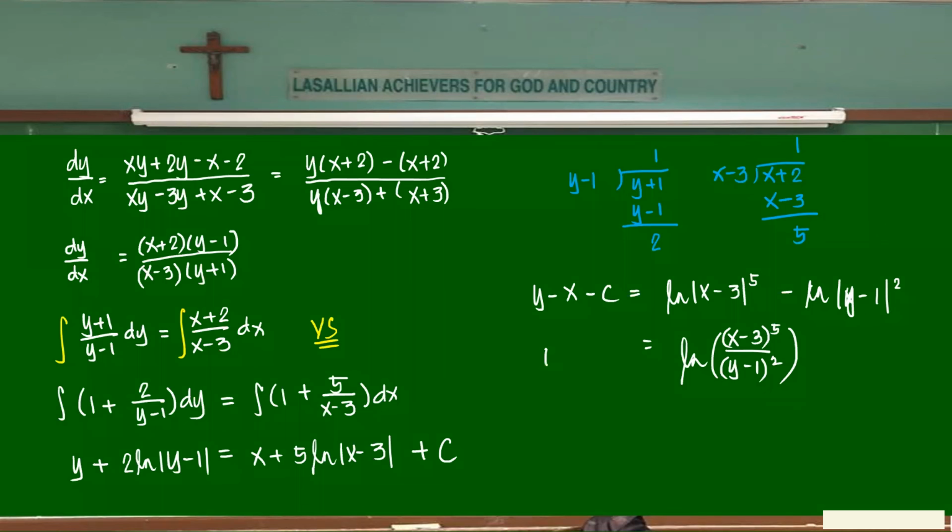Right? And then, because in some books you might see it like this. If you raise it to e, this one is simply e to the y minus x times c. Because e to the c is just c. This one will just be x minus 3 cubed over y minus 1 squared. Some might say this is a better solution.